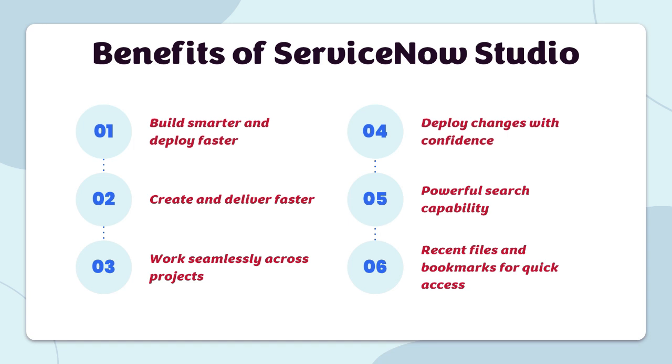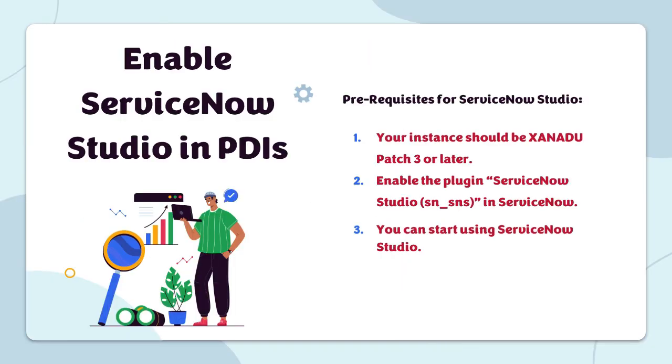So let's proceed further on how we can install ServiceNow Studio in our personal developer instance or any instance. We will check what the prerequisites are for that. A prerequisite for installing ServiceNow Studio is that our instance should be on Xanadu Patch 3 or a later version.